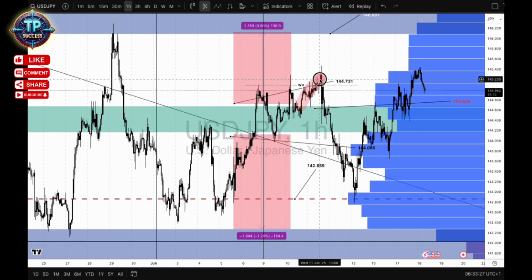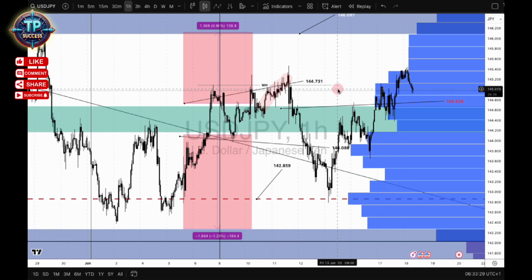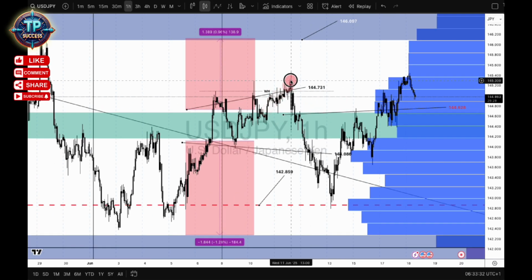Then it finally closed above the weekly high. Didn't stay there for long. So what it did was collapse back into the low value node of the high value area, and then blasted all the way through, came back and tried to retest the low value node area again.